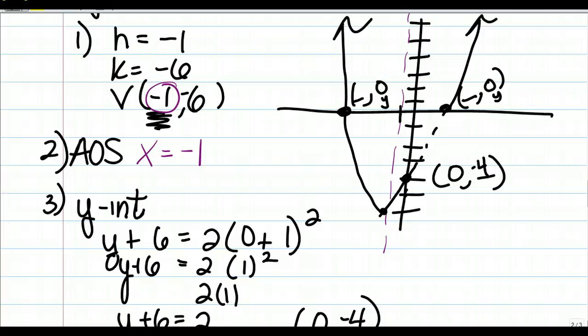So now we're going to plot them. The answer for 0.73 would be about right here, and the answer for negative 2.73, we'll put like right here.